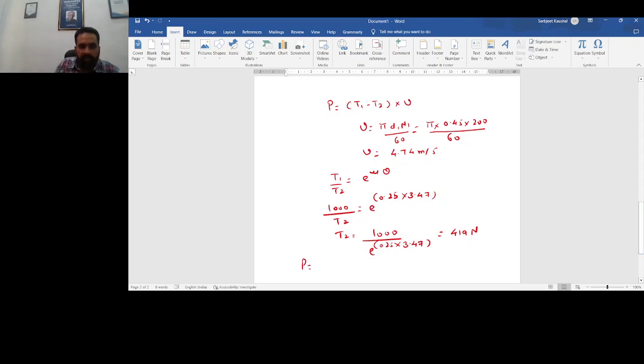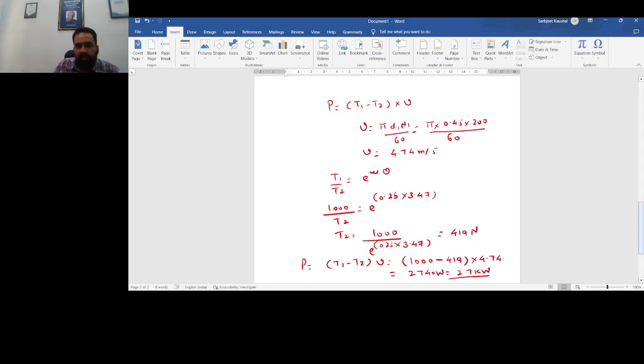Further, the power transmission will be (T1 minus T2) into V. The value of T1 is 1000, T2 we have just calculated as 419, and the value of velocity is 4.74. It comes out to be 2740 watt, and we can also write it as 2.7 kilowatt.